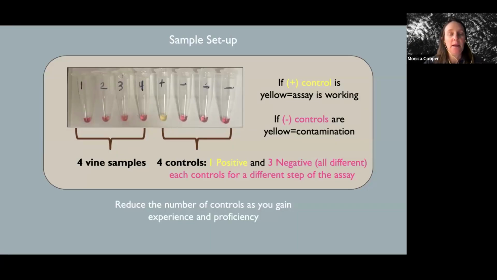As I mentioned, if one of those negative controls turns yellow, it means that you have contamination somewhere along the way and you can't trust your results, so you need to go back to the drawing board. The good news is that as you gain experience and proficiency, you can reduce the number of controls, which will allow you to increase the number of vines that you're sampling.